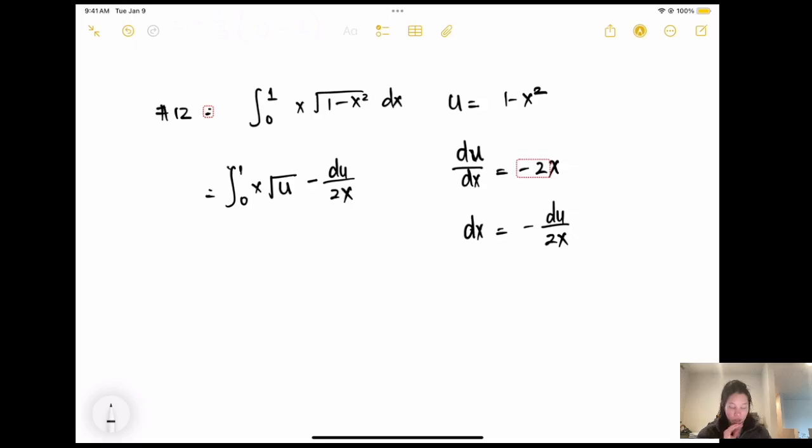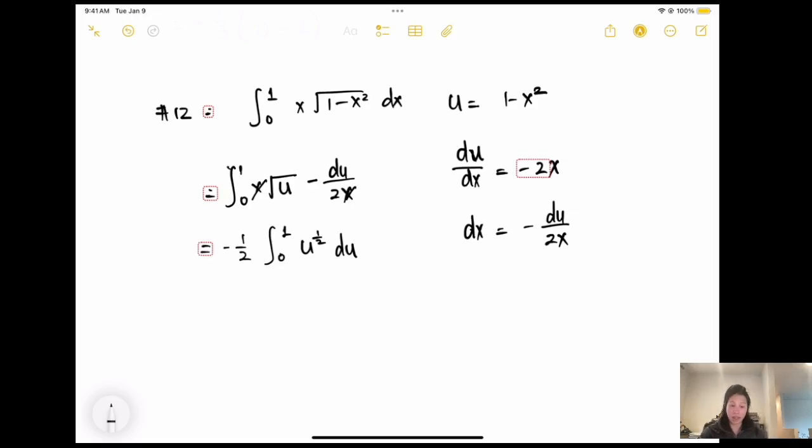Now we can simplify it. The x cancels, and I want to pull out the negative 1/2. I get the integral from 0 to 1 of the square root of u, which I want to write as an exponential function, so I get u to the 1/2.